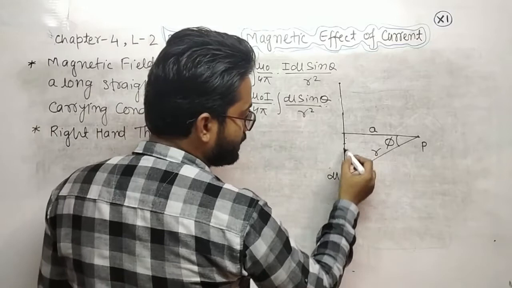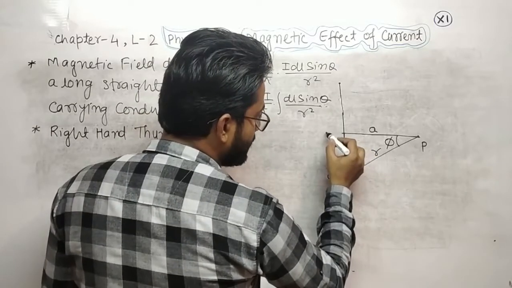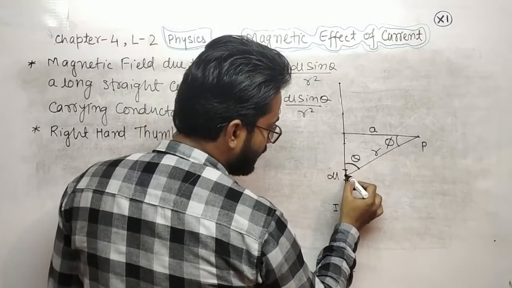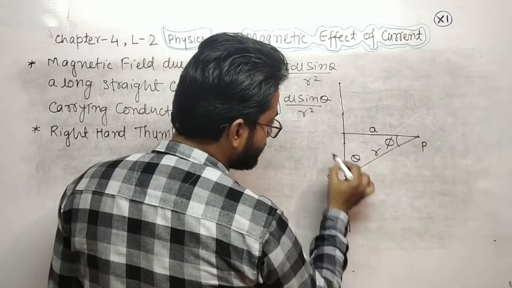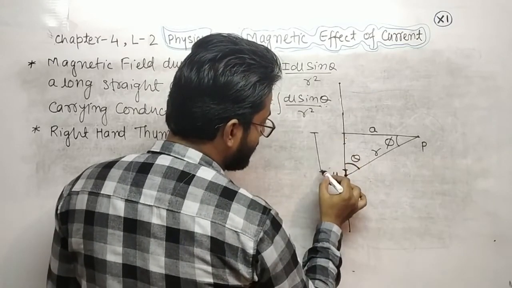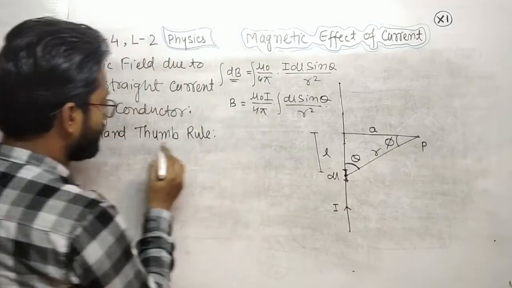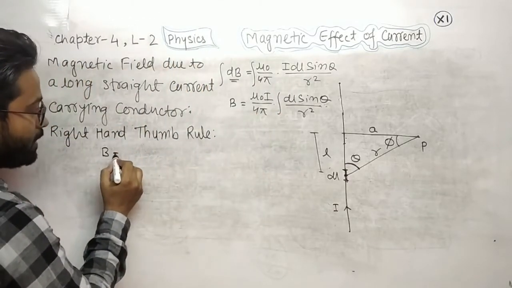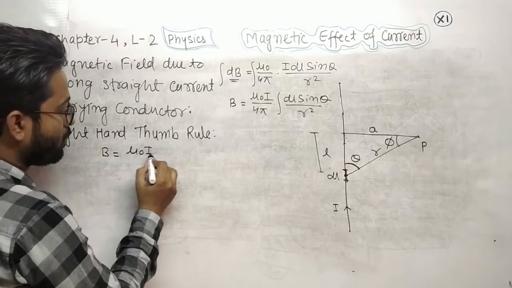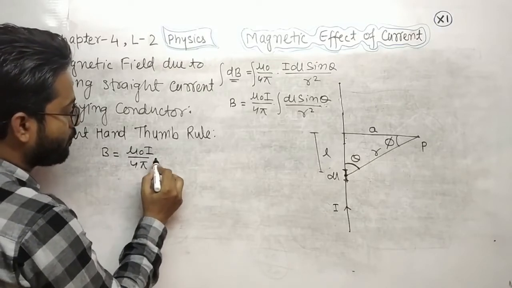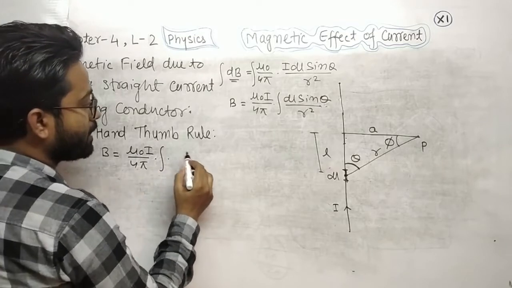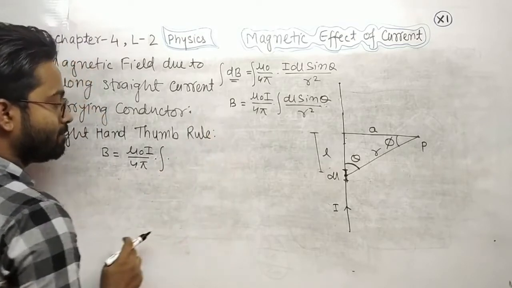Let us suppose the dl element is at L distance. You can write this formula: B is equal to mu naught I upon 4 pi integration of dl.